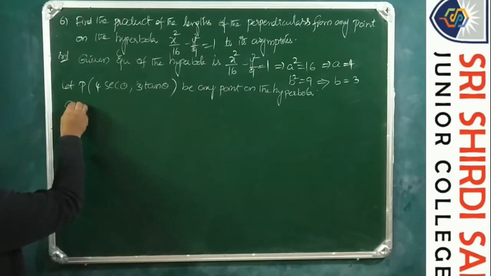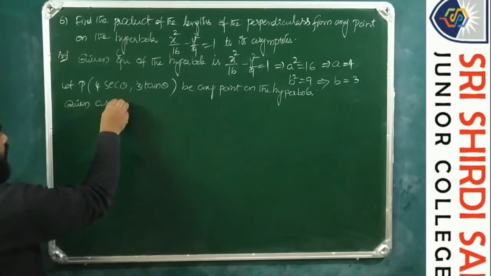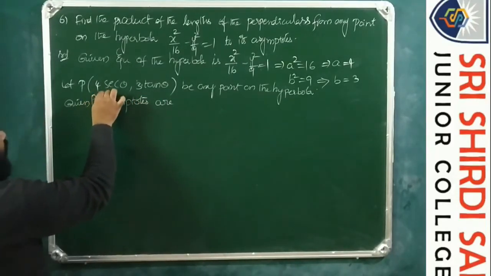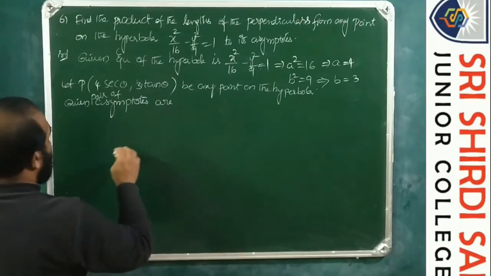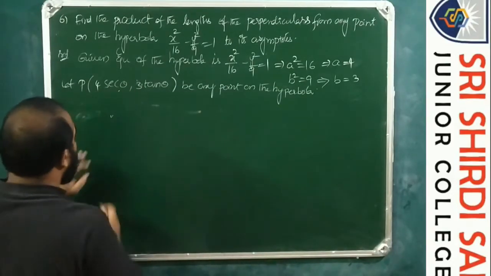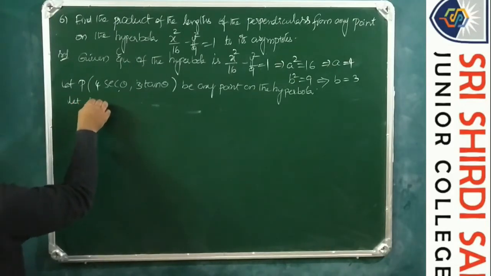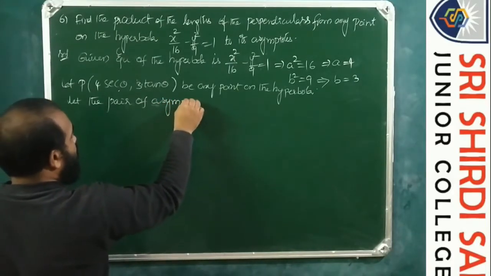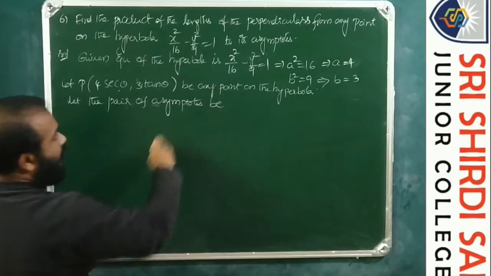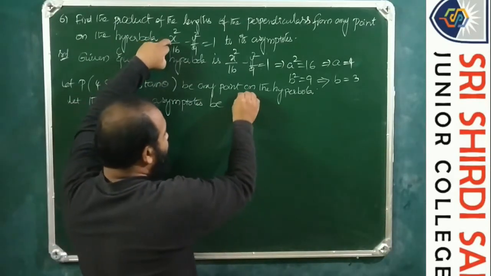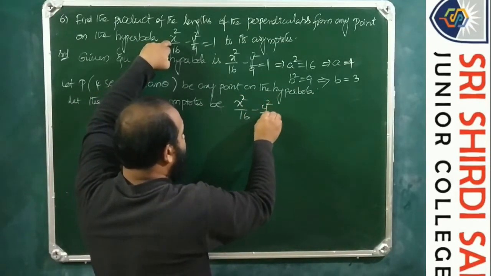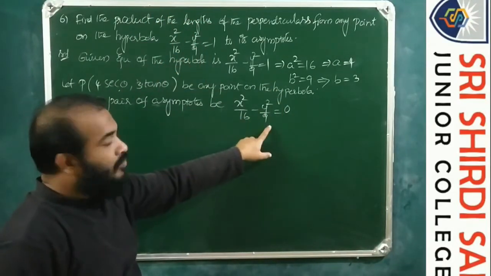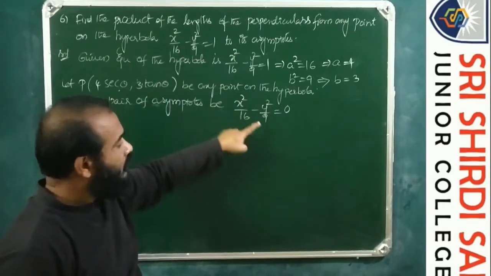So given pair of asymptotes, let the pair of asymptotes be x square by 16 minus y square by 9 is equal to 0, because the pair of asymptotes and the hyperbola differ by a constant.